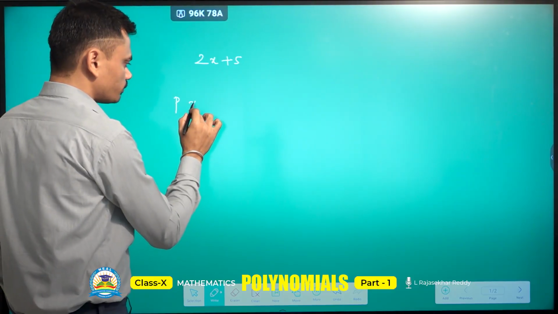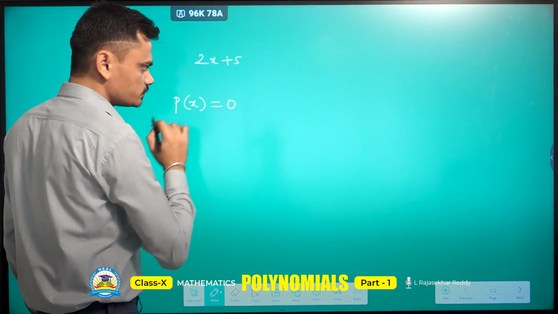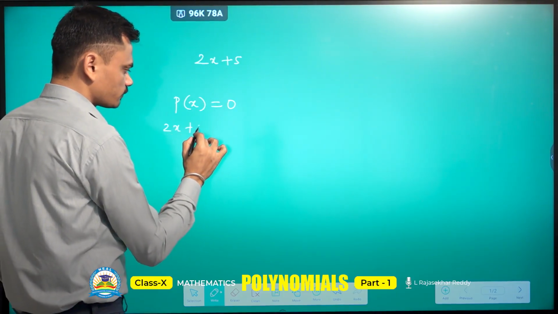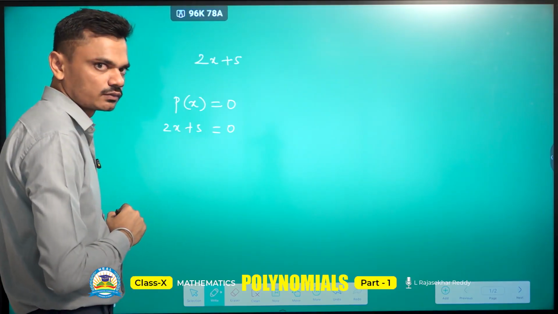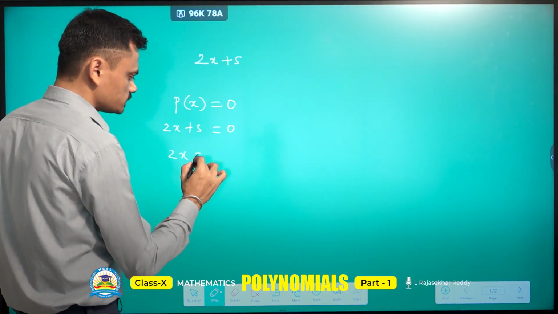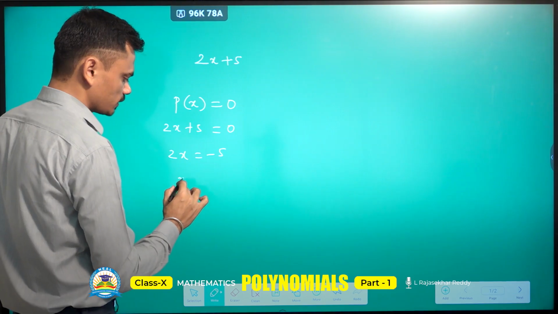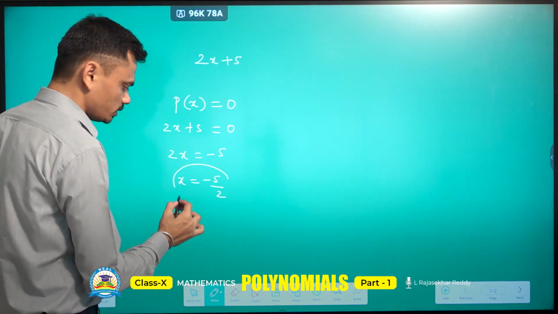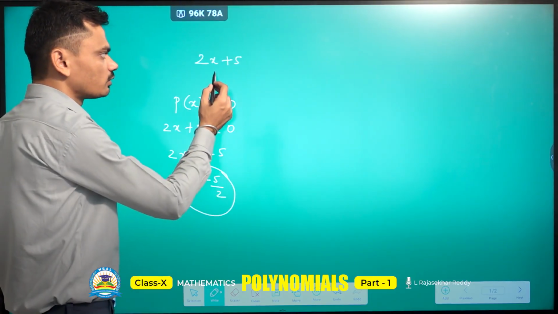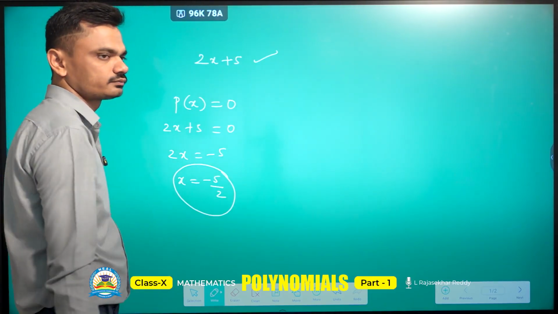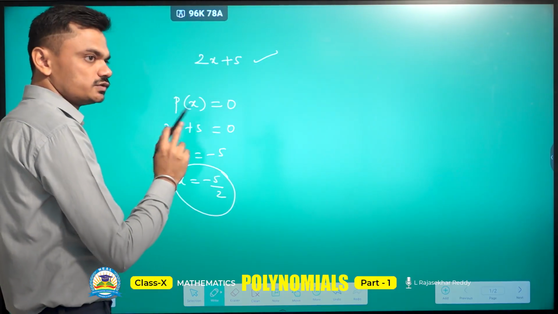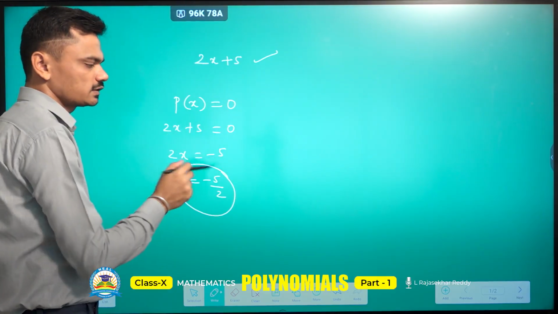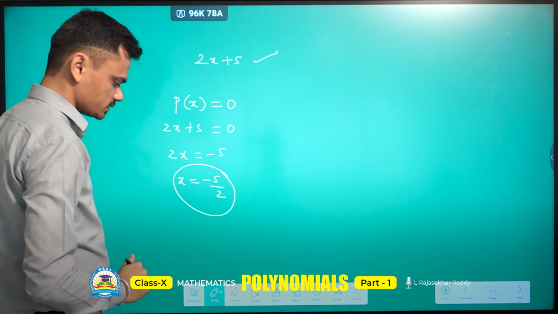Whatever polynomial is given, make it equal to 0 to start with. Then the polynomial is 2x plus 5, and that is equal to 0. 2x is equal to minus 5, then x equals minus 5 by 2. So minus 5 by 2 is the 0 of the polynomial 2x plus 5. Okay. So 0 of the polynomial, this is the process. Next.